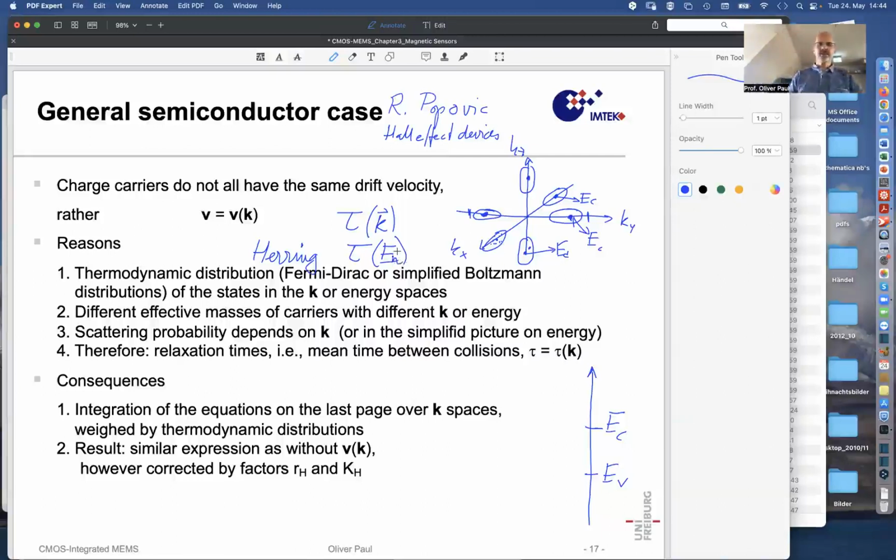Yes, this is energy. Just like E here is energy at the conduction band, and here we have an energy scale, and you may have seen in my or other lectures that there is a density of states, D of E, that has this parabolic or square root shape. So square root of E minus EC in the upper case, and square root of EV minus E in the lower case.